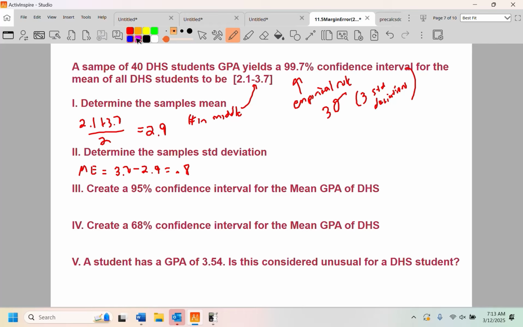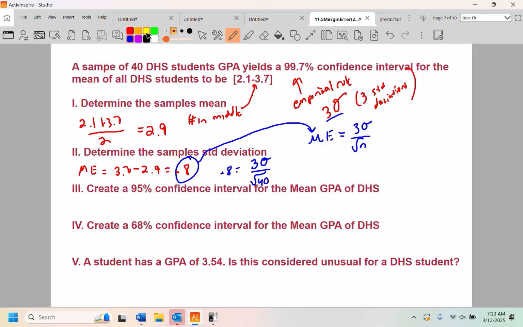Since this was 3 standard deviations, the margin of error formula would be 3 sigmas over the square root of n. The margin of error is 0.8, and it must equal 3 sigmas divided by the square root of the sample size, which is 40.